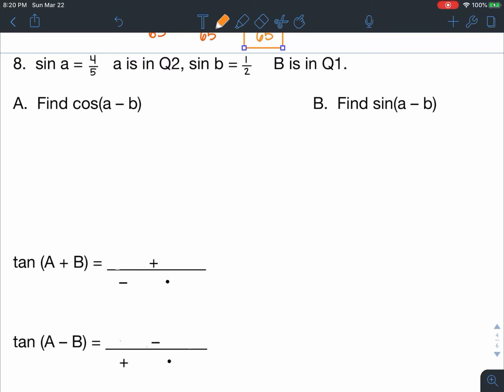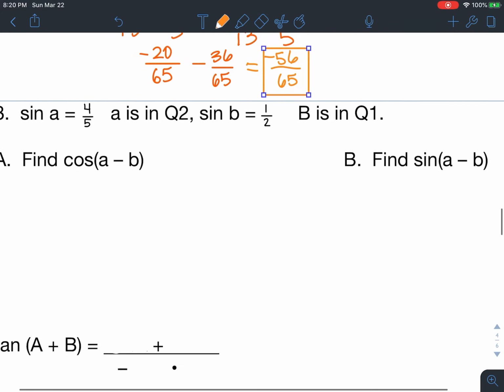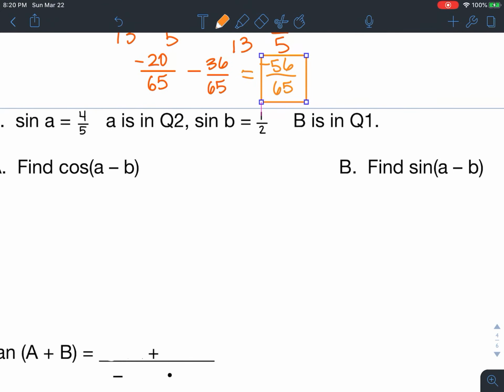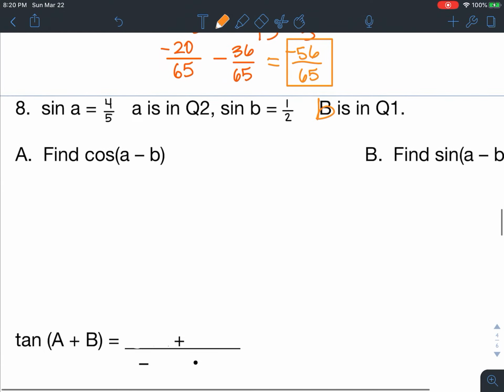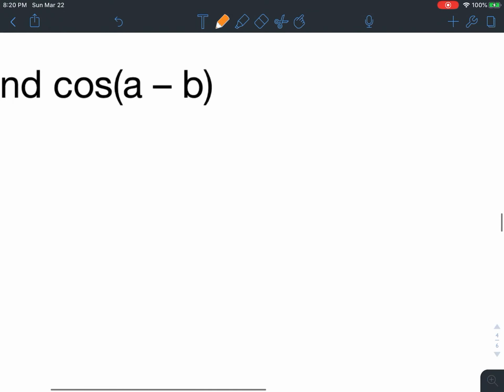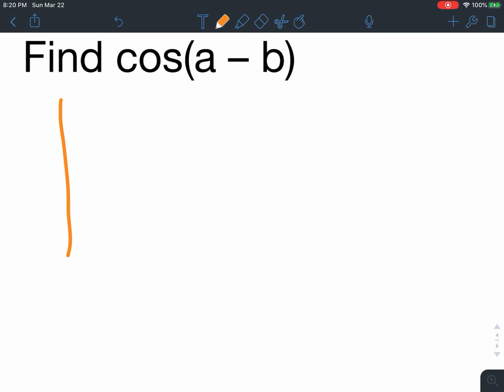It's very similar. Sine of A is 4/5, and angle A is in quadrant 2. Sine of B is 1/2, and angle B is in quadrant 1. That was supposed to be a small b. So we're going to draw 2 triangles. We're going to draw one triangle in quadrant 2, and the other one in quadrant 1.